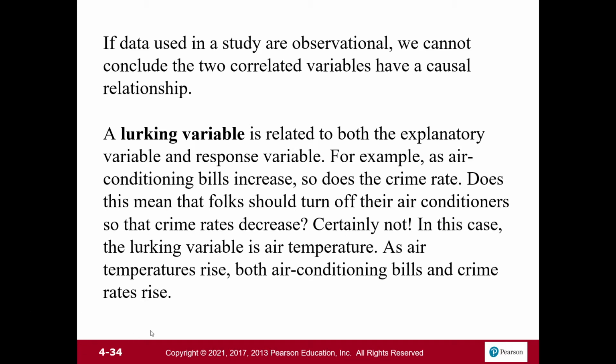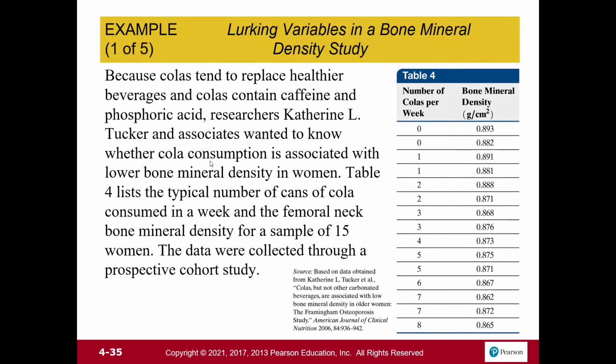As air temperature rises, both air conditioning bills and crime rates rise. That could be the lurking variable right there, the rising temperature. So here's an example of a lurking variable.